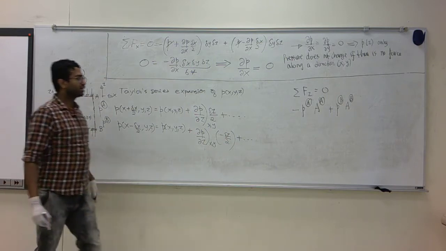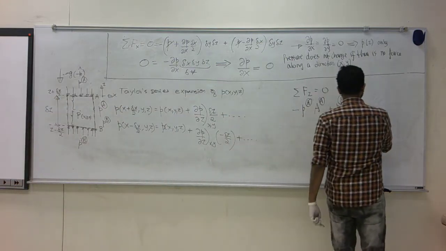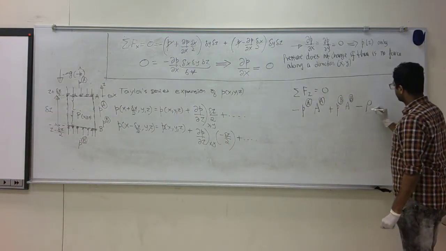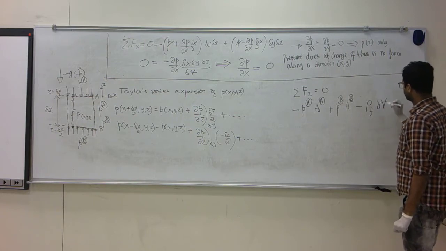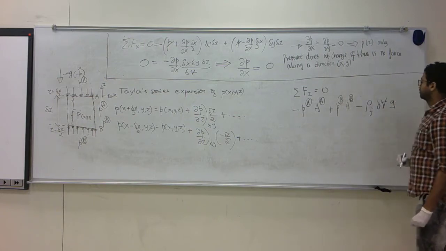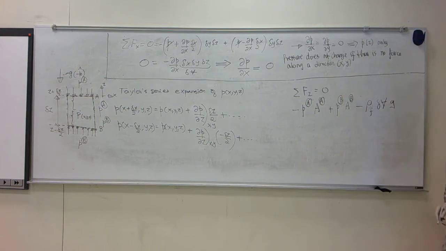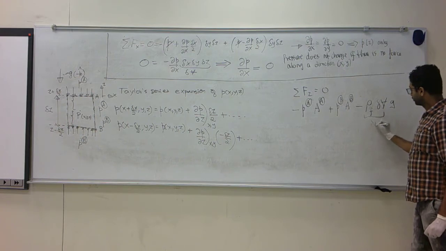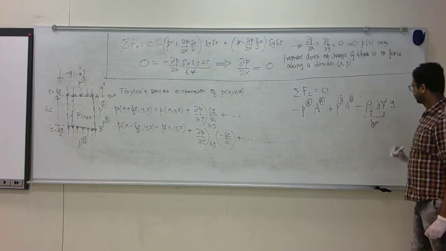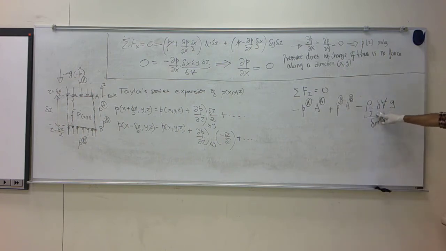So we have minus the density of the fluid times the volume of the fluid times gravity. This is the mass of the fluid. Okay, density times volume, that's mass. So I have this equation and they all sum up to 0.